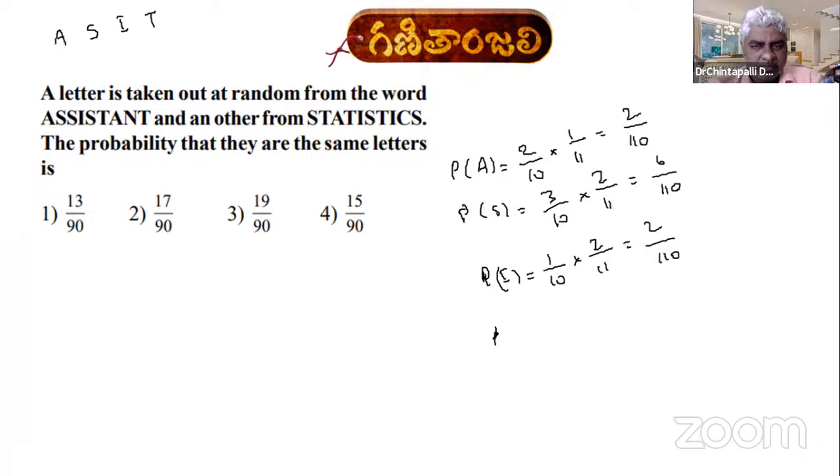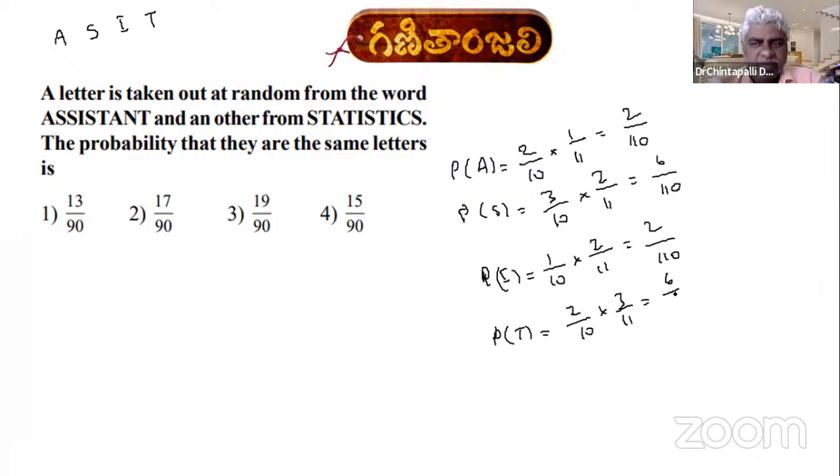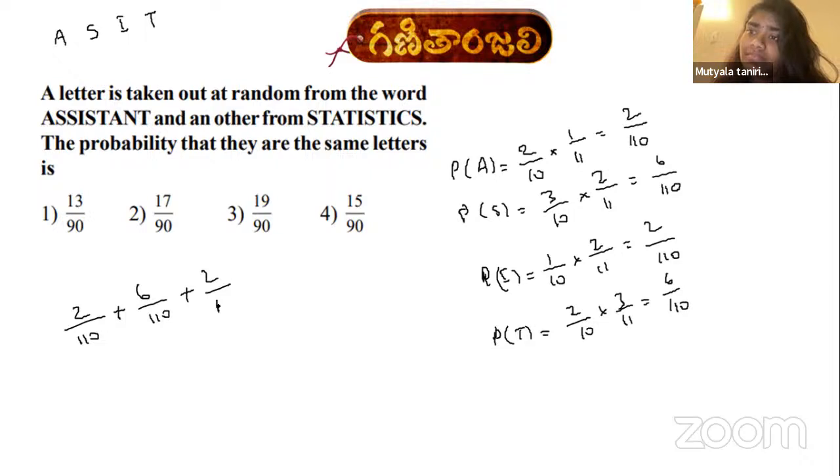For T? 2 over 10, sir, times 3 over 11. 6 by 110. Add everything: 2 by 110 plus 6 by 110 plus 2 by 110 plus 6 by 110.